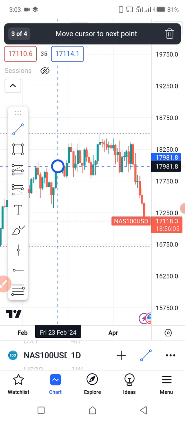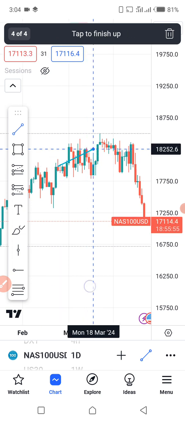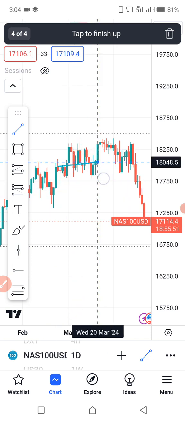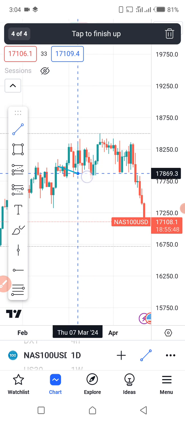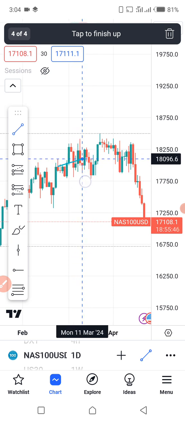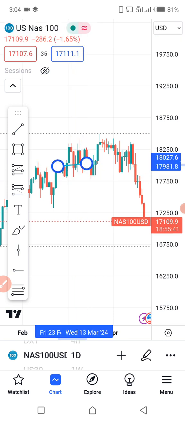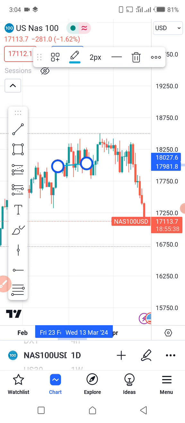Most of the times, if you are familiar with ICT, the price signature that you see at this place, the price will trace to the fair value gap and the order block. At this space, when you get to the 1 hour, you will see the ICT 2022 model there.